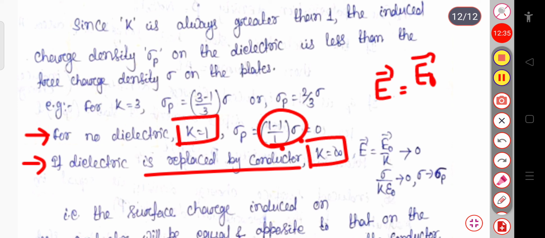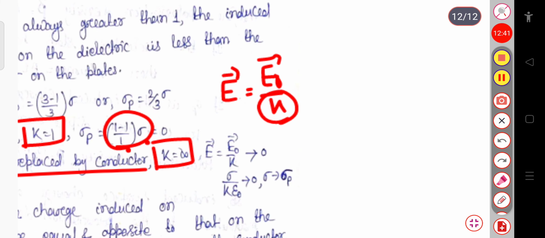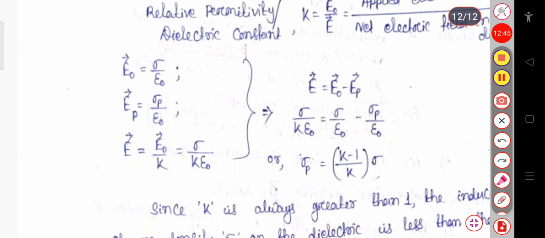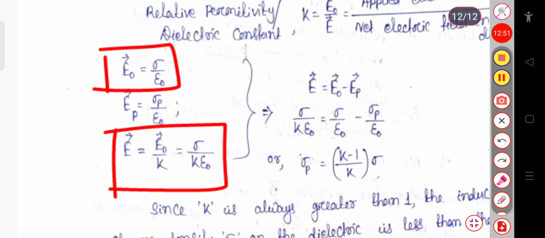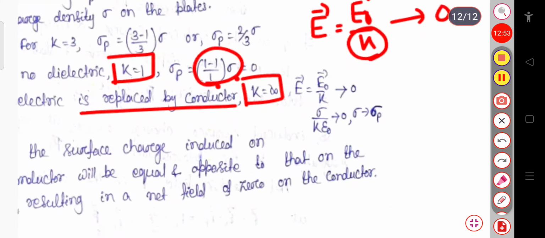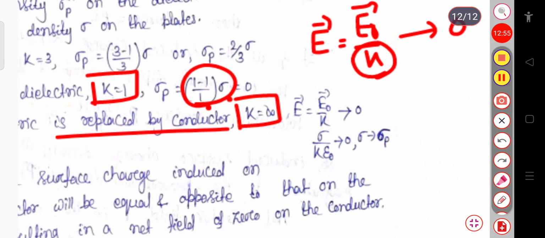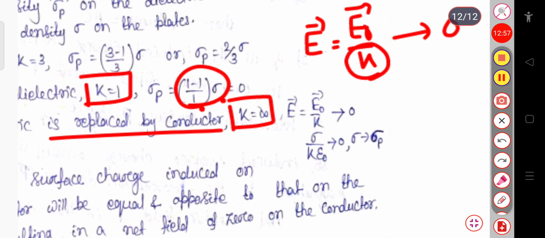Since k is infinite, 1 by infinite is 0, so this tends to 0. Also from the expression E equal to sigma by k epsilon naught, since k is infinite, 1 by infinite tends to 0, so this also tends to 0.